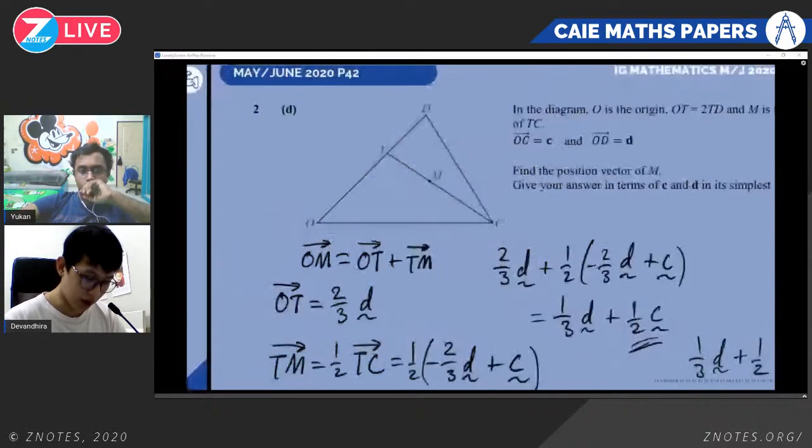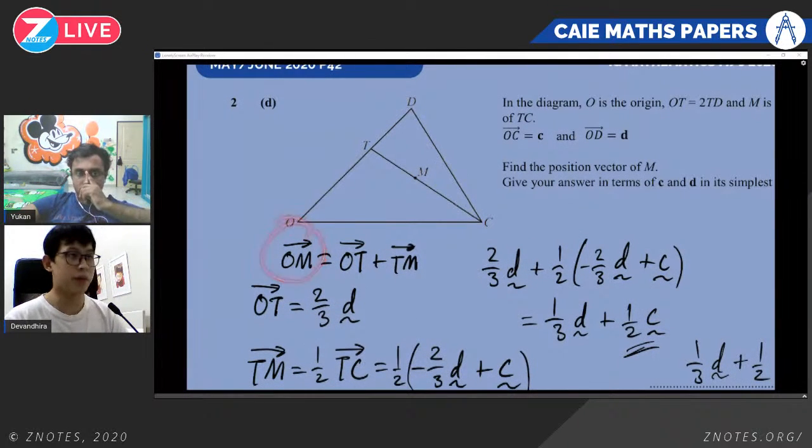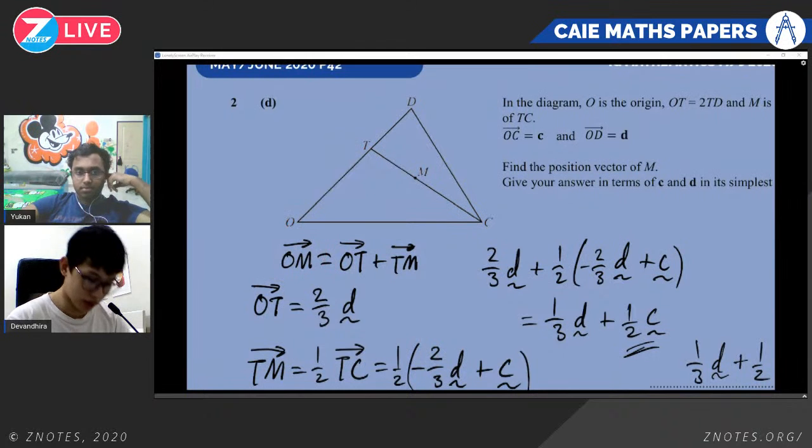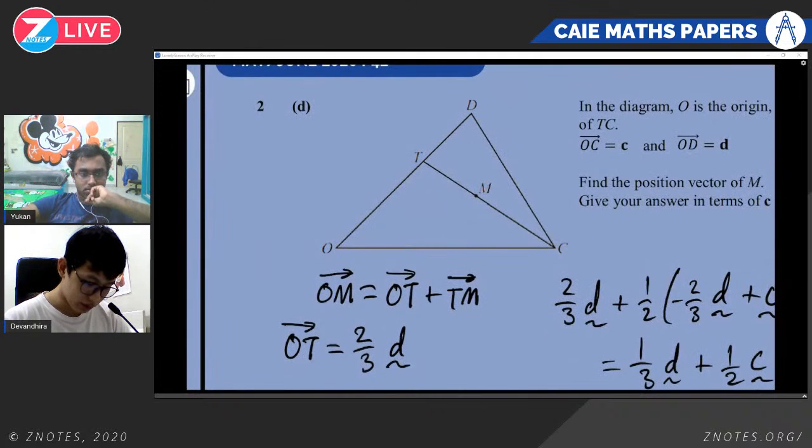Sure. So the position vector of M is basically asking what OM is, correct? What's this vector right here? How can we represent it in terms of C and D? Of course, if you want to find OM, you first have to go to T, then to M. So you can write it as OT plus TM, the vectors OT and TM together.